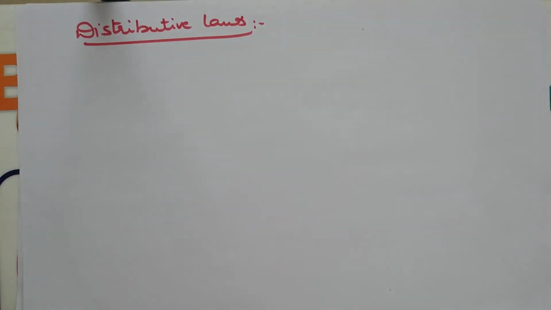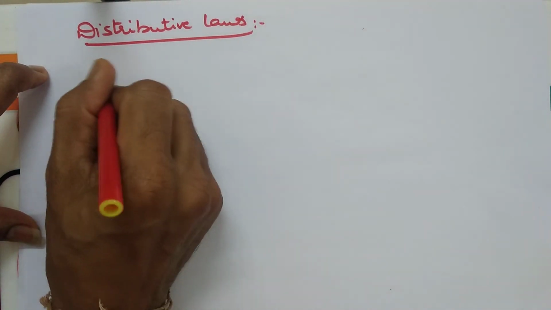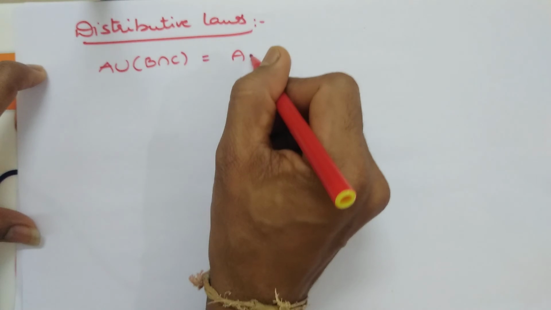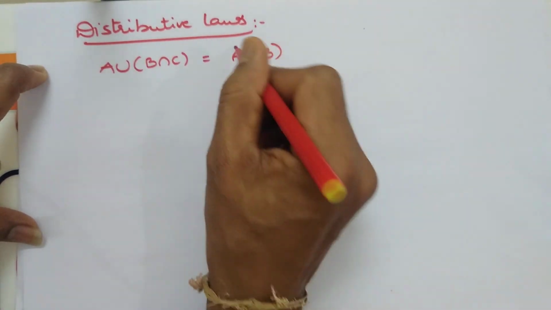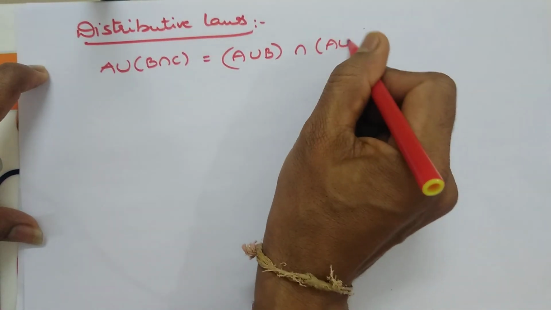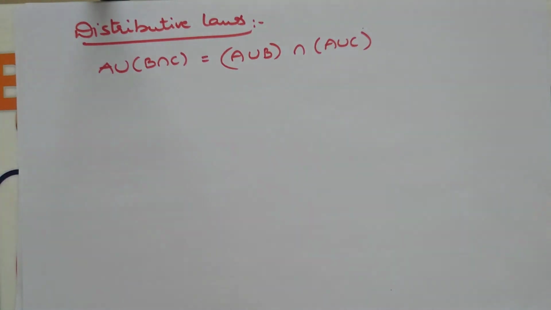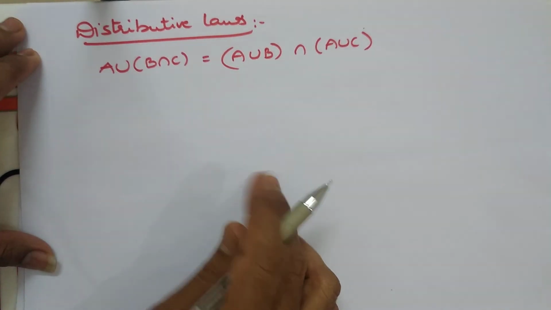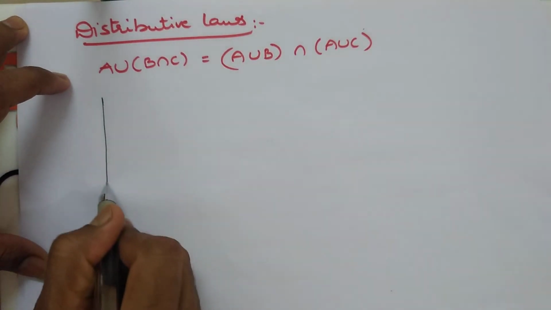Okay, distributive laws. One example I am taking: A union (B intersection C) is equal to (A union B) intersection (A union C). Sometimes the question will be asked, show this law by using a Venn diagram. Very simple.